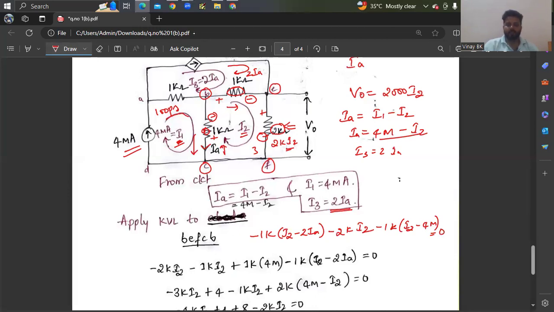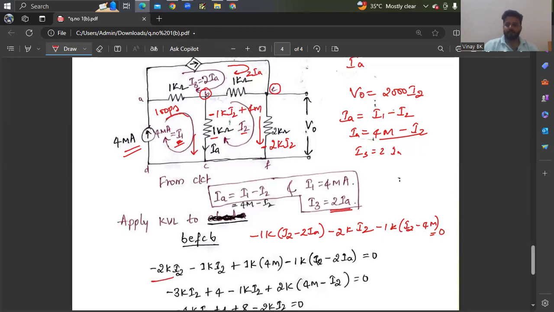So if you reduce this, you can get this. You can see directly as written, with reference to this. To save time in the exam, what I am writing is minus 2K into I2, here minus 1 kilo ohm into I2 minus I1. That is nothing but minus 1K I2, and I1 is nothing but 4 milliamps.